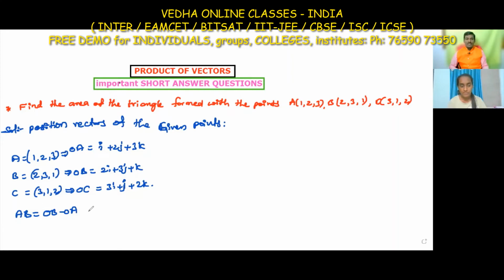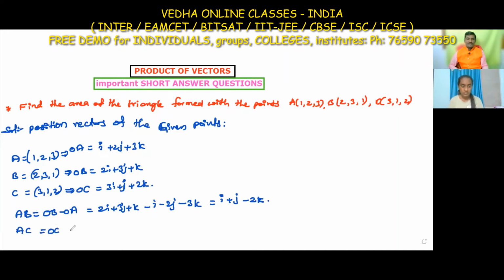So 2i plus 3j plus k minus i minus 2j minus 3k. 2i minus i is i, 3j minus 2j is j, k minus 3k is minus 2k. This is AB.